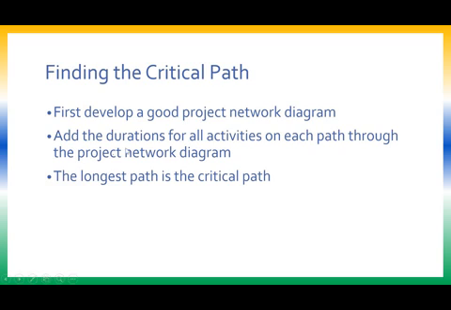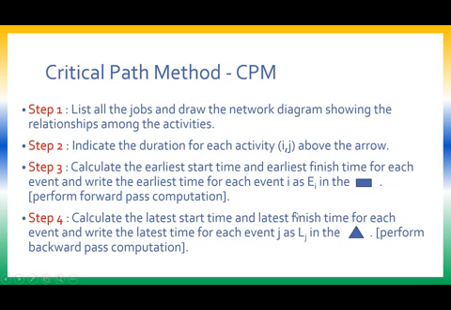For that, first develop a good project network diagram, add the duration for all the activities on each path through the project network diagram, and identify the longest path as the critical path of the project, right? So this was the overall blueprint, but we will see the steps involved, I would say an algorithm for the entire CPM, critical path method. We will have a look now.